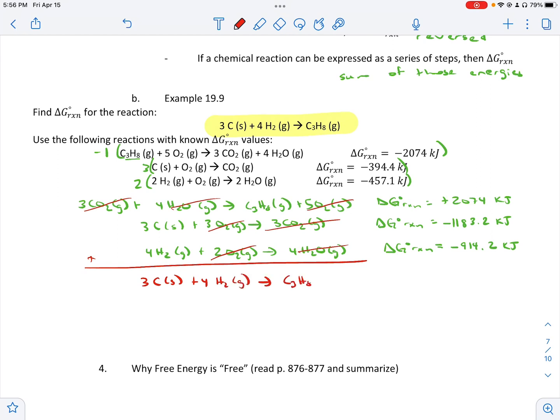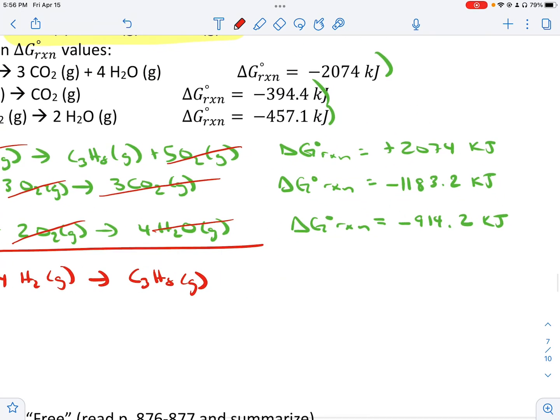So now we can just add all those up and see if we get our correct answer there. We got that one already plugged in. So let's go ahead and put in the rest, and the answer I got is negative 23.4 kilojoules. Fairly simple, yes? Awesome.